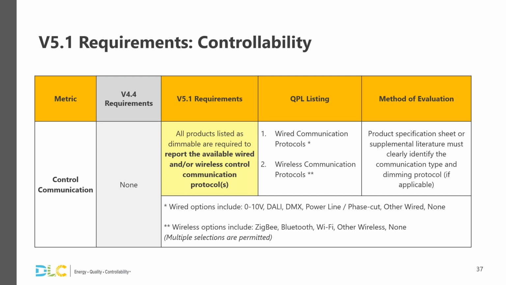The intent of this reported element is to aid product specification and inform users of the QPL about the compatibility with control systems. Similar to integral controls, the evaluation of this claimed capability would occur through the product specification sheet or supplemental literature.